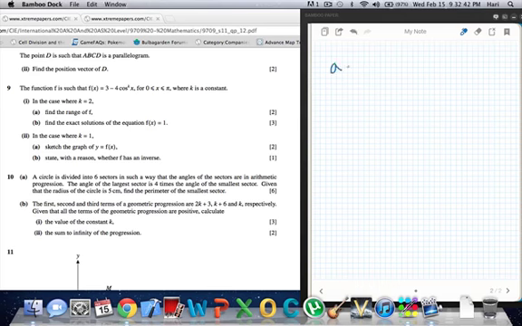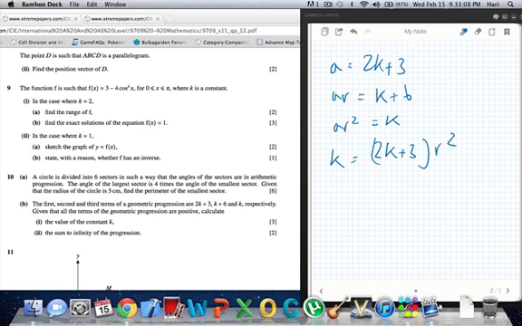We have a equal to 2k plus 3, and we have ar equal to k plus 6, and ar squared equal to k. Now we have k equal to ar squared, so we know that k is equal to 2k plus 3 times r squared.